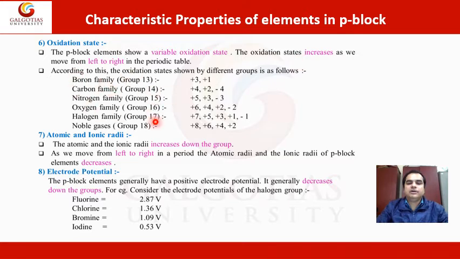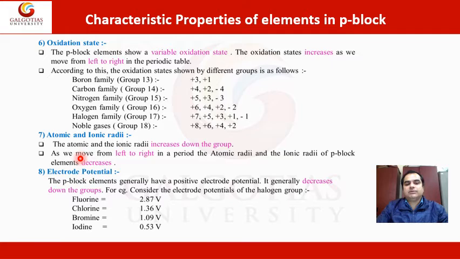These are the different variable oxidation states shown by the different families in the different groups of p block elements. For the boron family, they mainly show +1 and +3. Similarly, the carbon family shows +4, +2, and -4, and the other groups show different variable oxidation states.